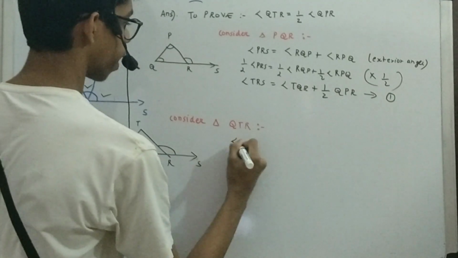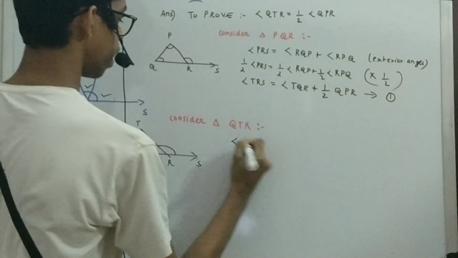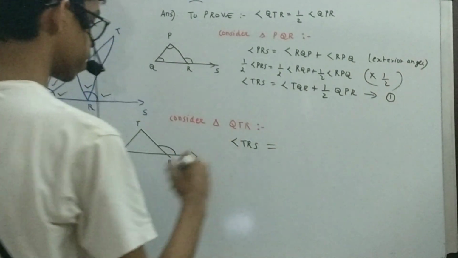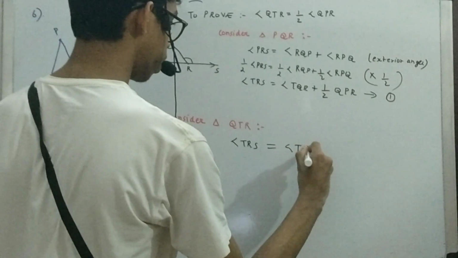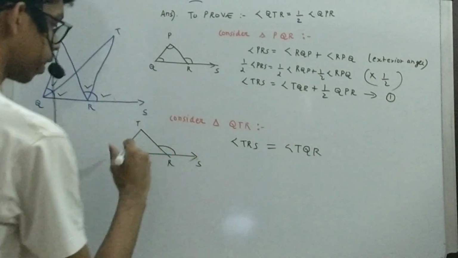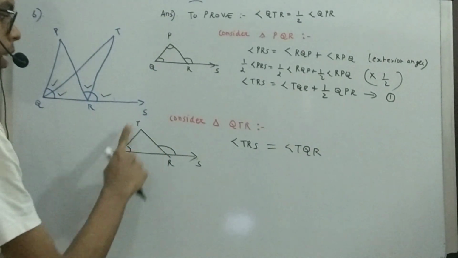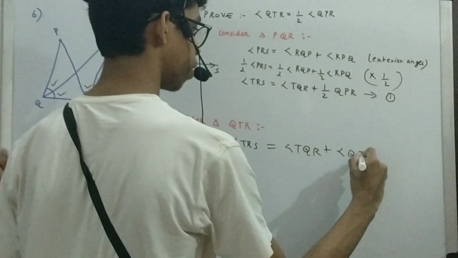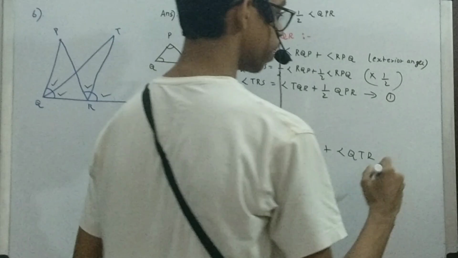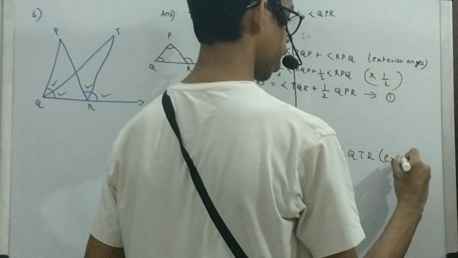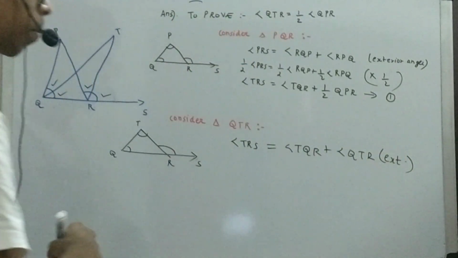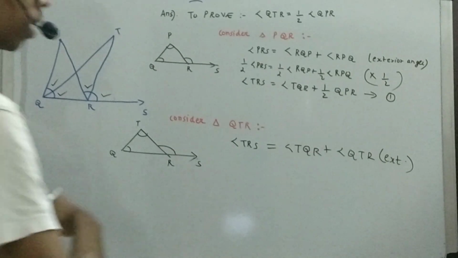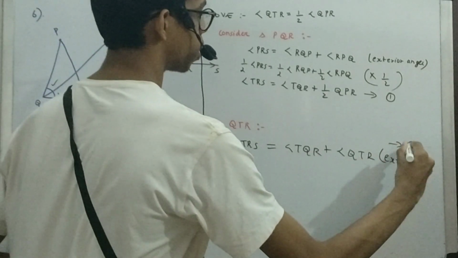So from here I can write angle TRS is equal to angle PQR, that is this angle, plus angle QTR plus angle QPR. This we have written using our exterior angle property. Now we can give this as equation number 2.